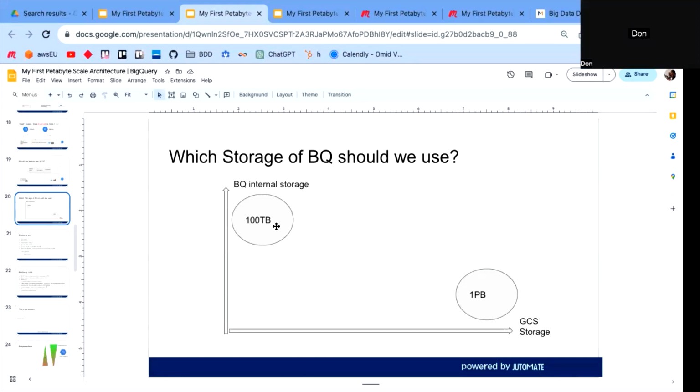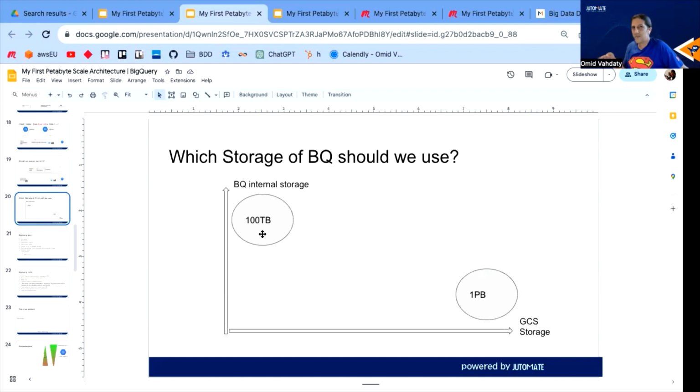So in BigQuery, it looks like there's an option that you can use to say, I want to store this piece of data in internal storage and the rest in object storage. Is that correct? Yes. And the reason for that is, until 100 terabytes, you don't want to spend on over calculations.